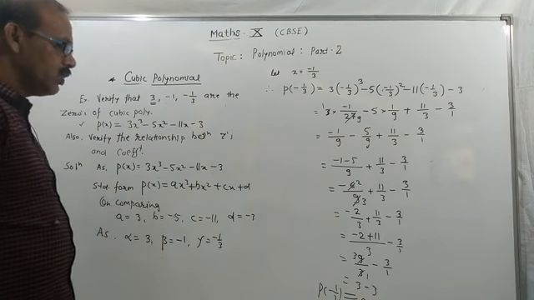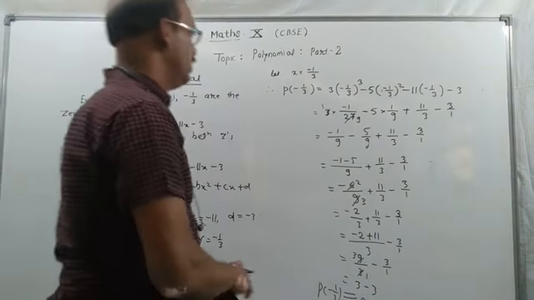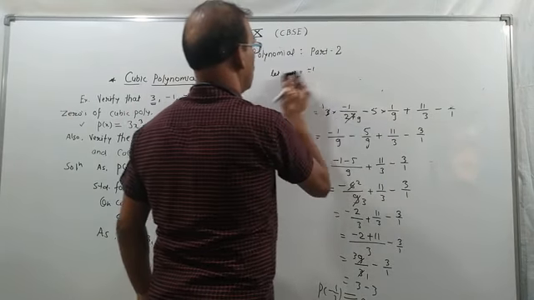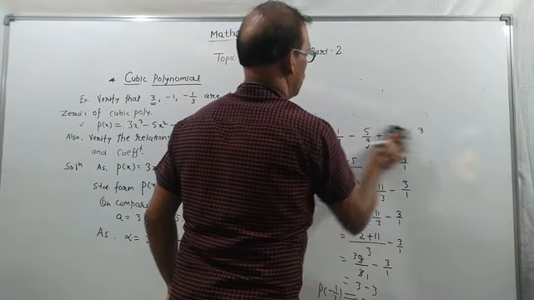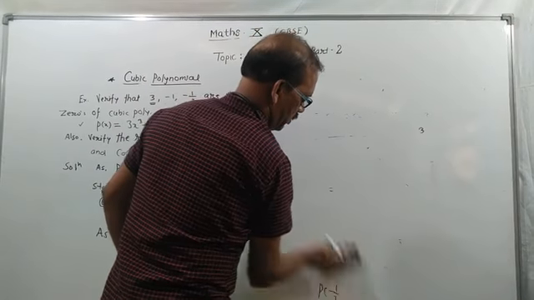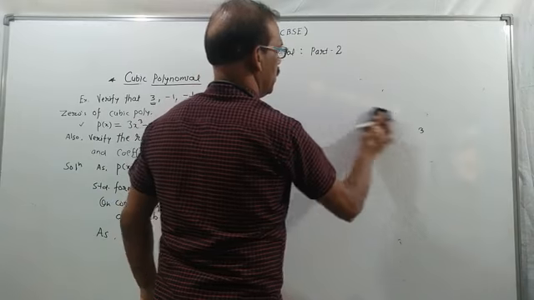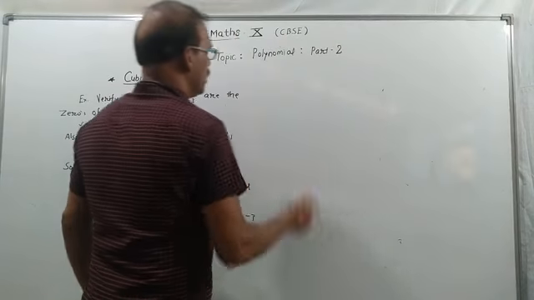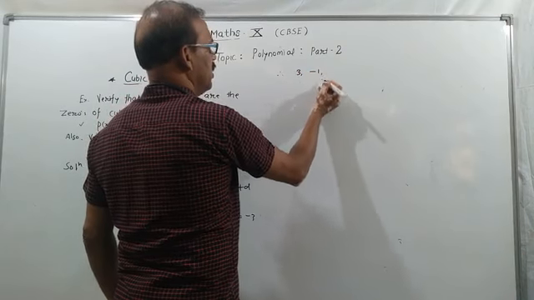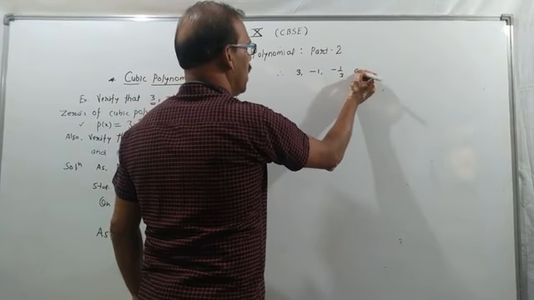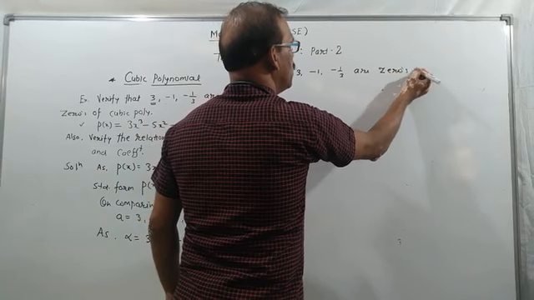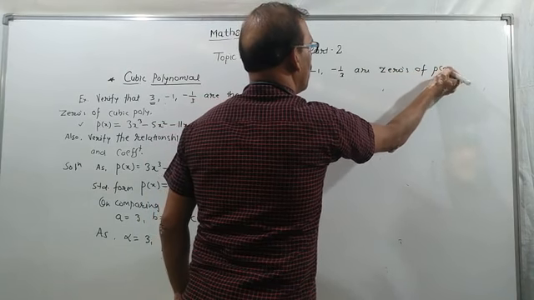So we write here, therefore, 3, minus 1, minus 1 by 3 are zeros of the given P of x.